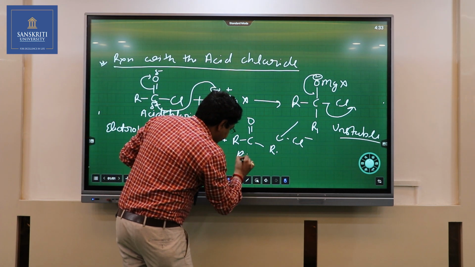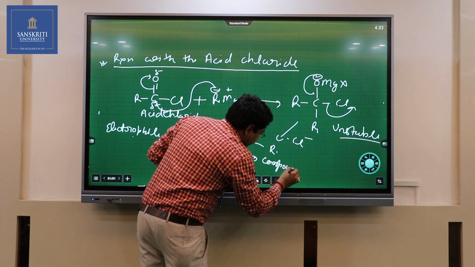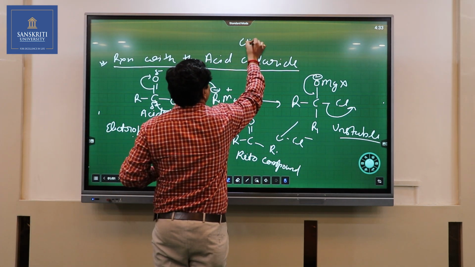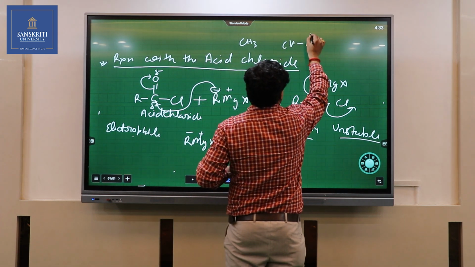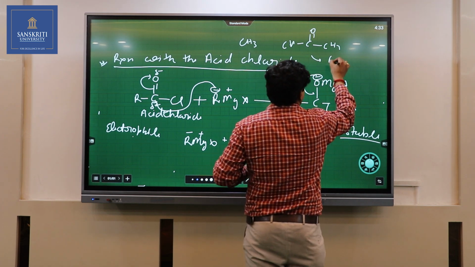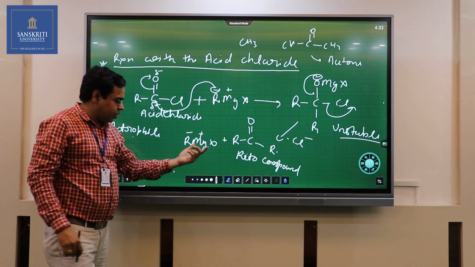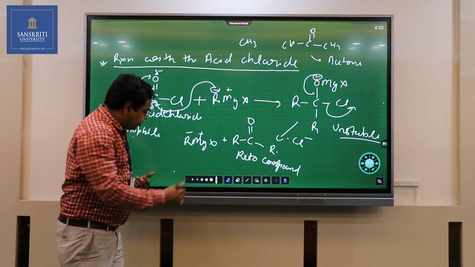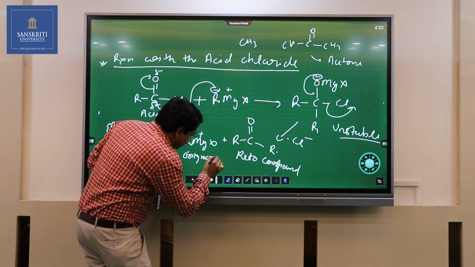This is the general reaction, or it may be CH3COCl, that is called acetone, the keto compound, which reacts further with RMgX, the Grignard reagent.